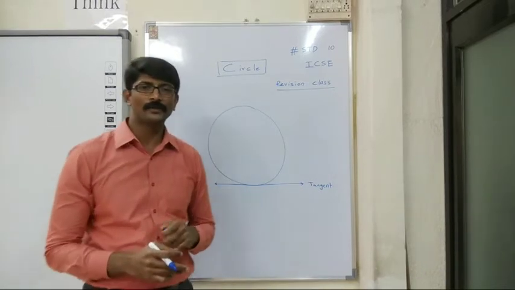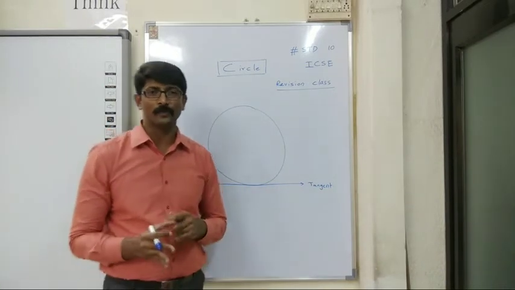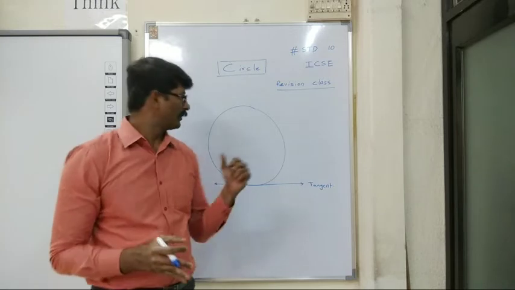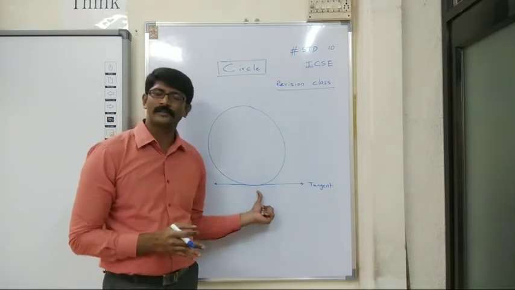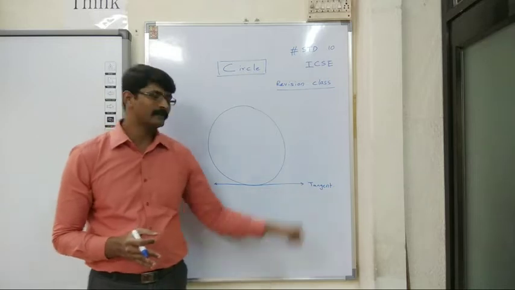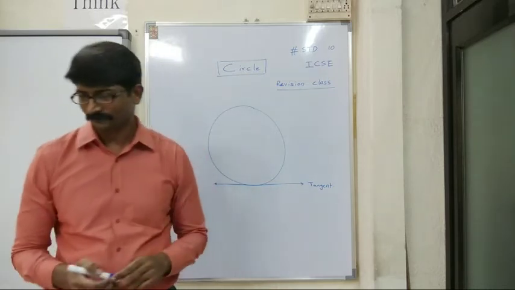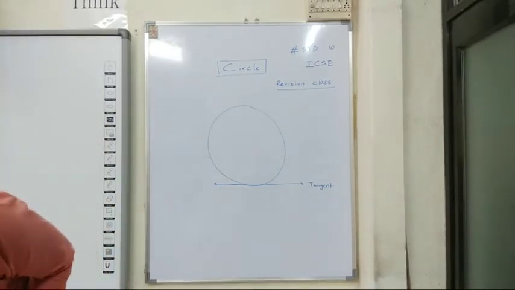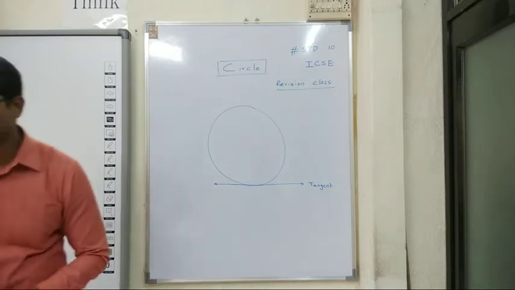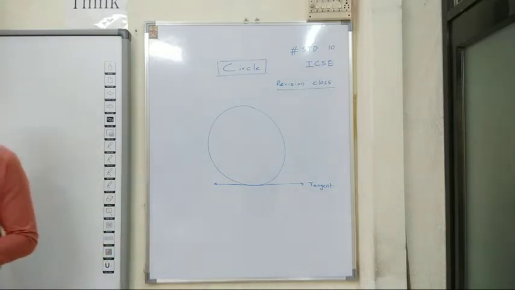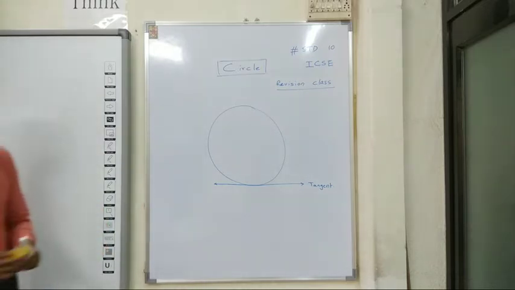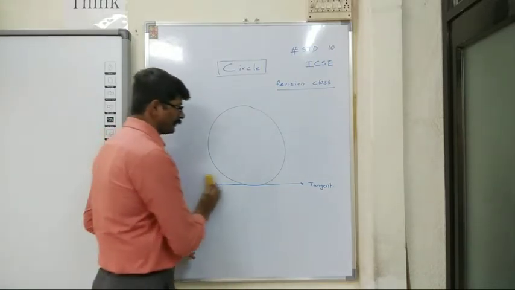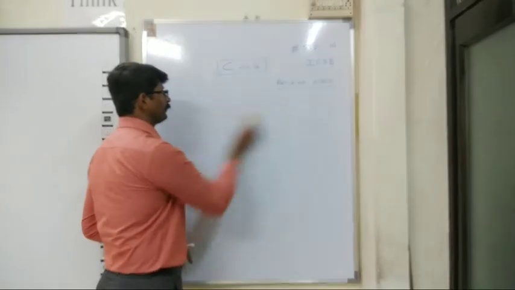And in total we have 6 tangent properties. Students, just make a note quickly: a circle, draw one line which touches the circle at exactly one point, and that is called a tangent. So I'll erase this part and we will write it down quickly.